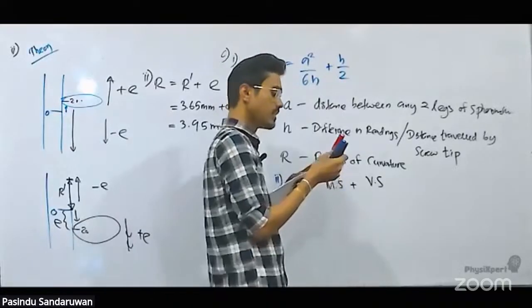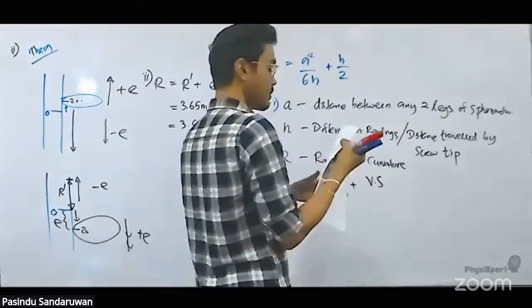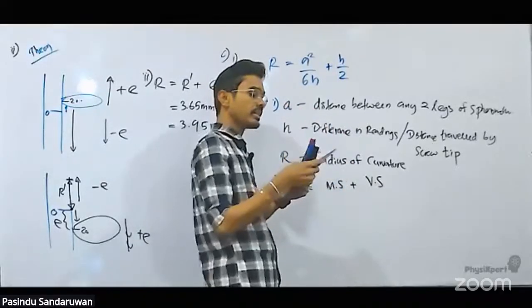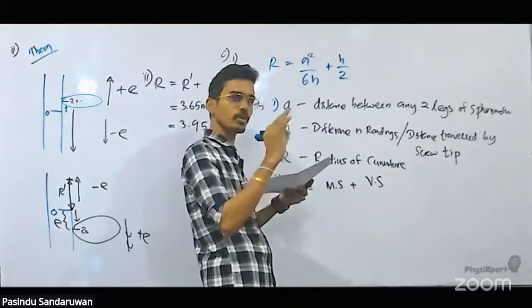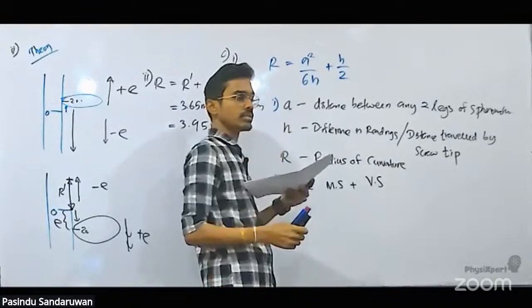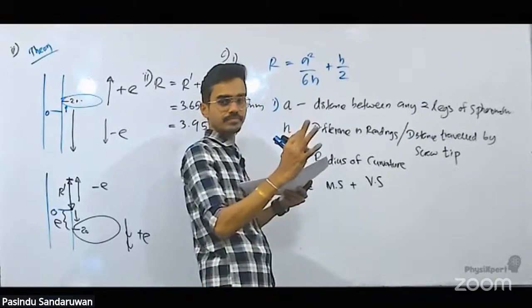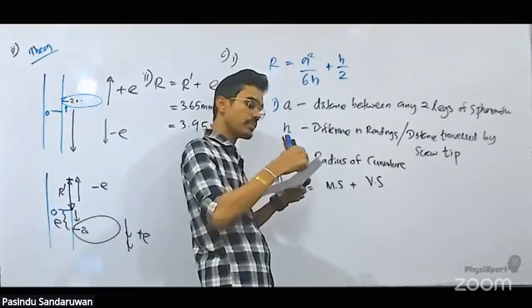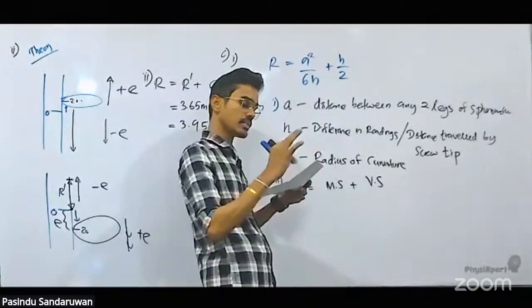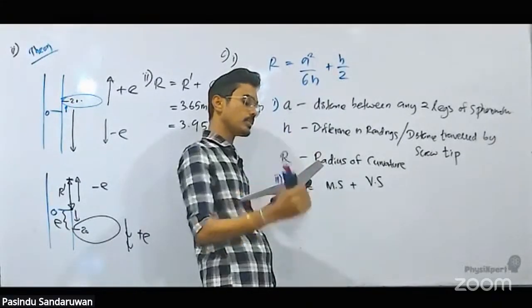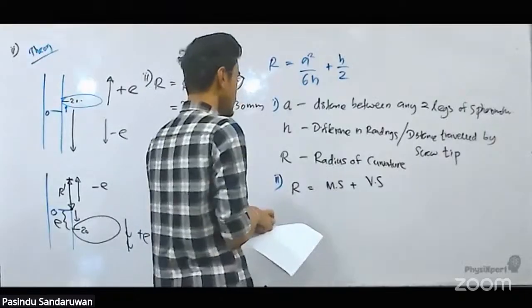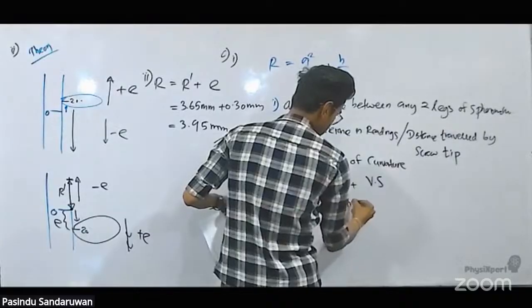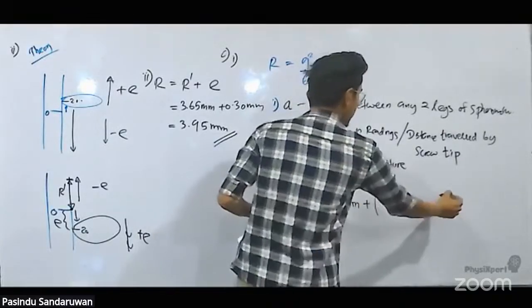Here, the pitch was 0.5, which means the gap between two small divisions should be 0.5 millimeters. In our typical one, that is 1 millimeter. In the given one in the question, that is 0.5. Again, 1, 2, 3, 3.5. Main scale is 3.5 millimeters.